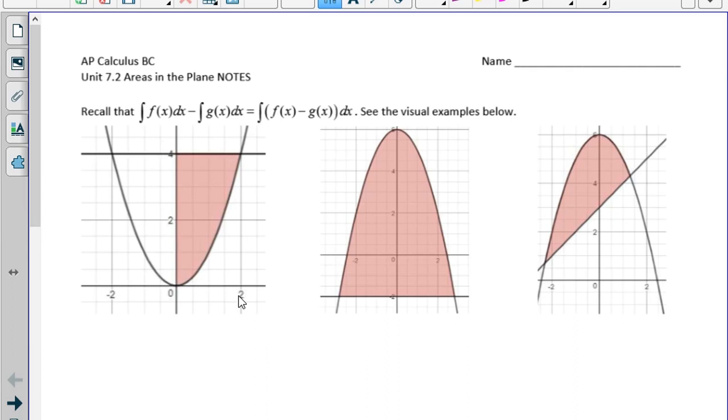that if we have problems such as these three visual examples that we have, so for example, the first one is the area between y equals x squared and y equals 4 from 0 to 2.